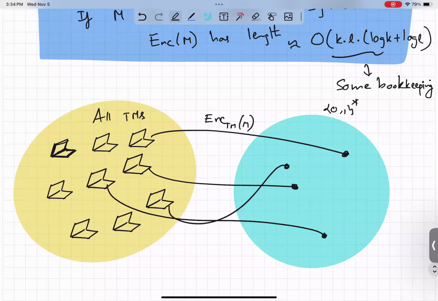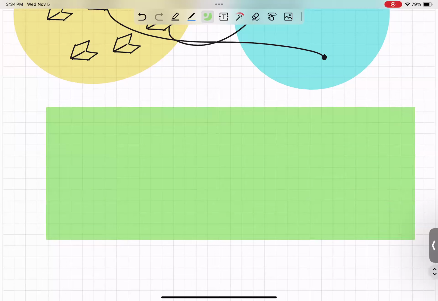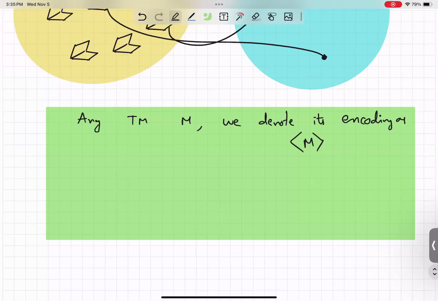And since we'll be dealing with these encodings a lot, let me introduce some notation for it. So any Turing machine M, we denote its encoding as angle braces around M, which denotes the binary string which is its encoding. Okay. So when we start working with encodings, writing encoding of M every time becomes cumbersome.